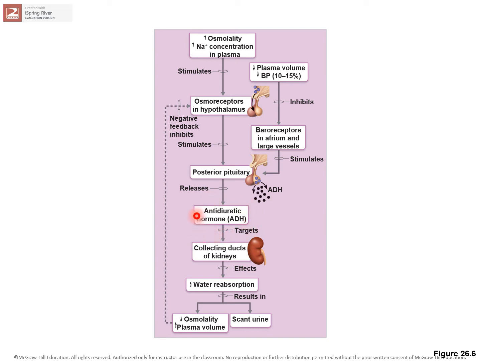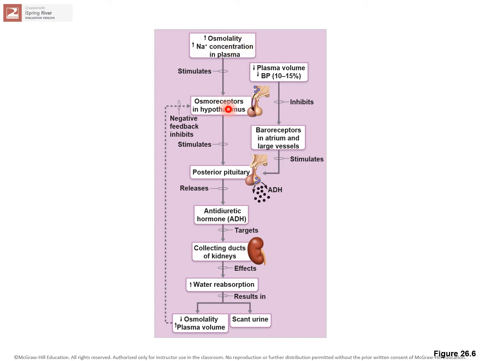So when ADH is present, it increases water resorption by activating the aquaporin channels that allow water to easily pass through. In a healthy individual, the osmolarity of body fluids is maintained between 280 to 300 milliosmol. When the concentration of solutes in the plasma increases, the osmolarity in the plasma increases, right?